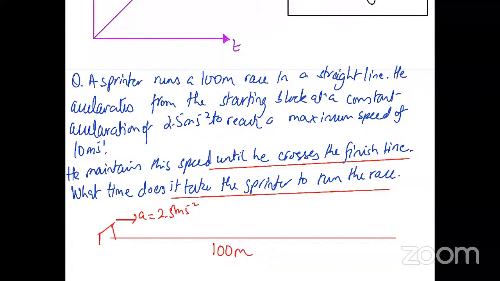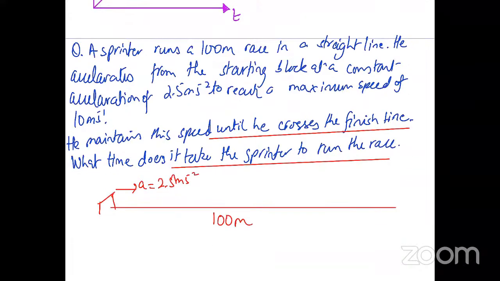So when it takes him 4 seconds, how much distance has he traveled during that 4 seconds? I use the equation of motion, x is equal to ut plus half at square, where x is the unknown variable, a is equal to 2.5, t is equal to 4, and u is equal to 0.